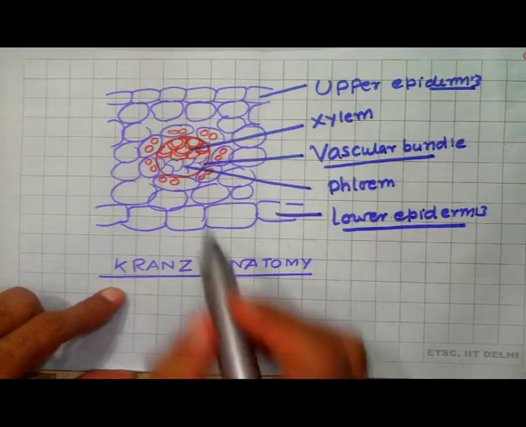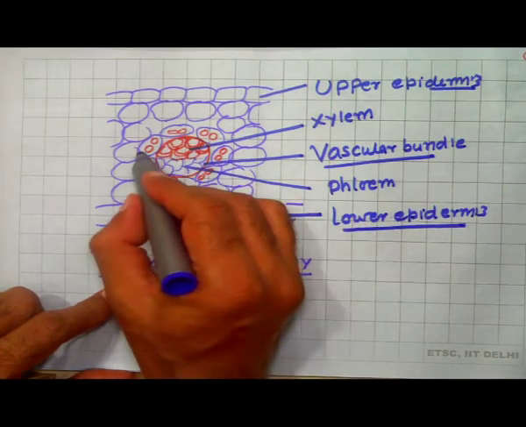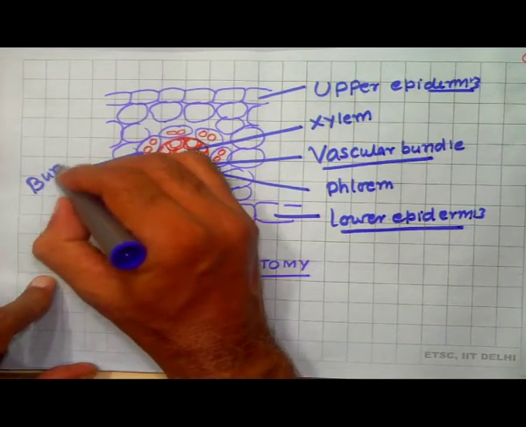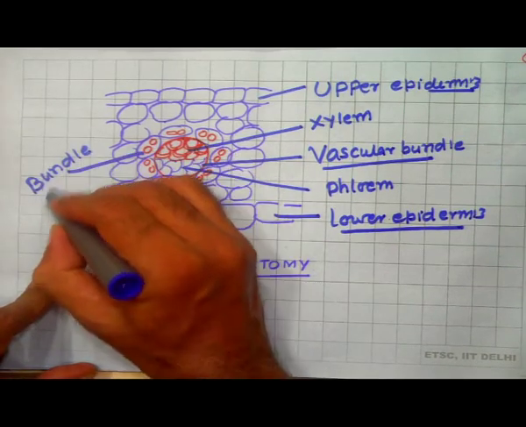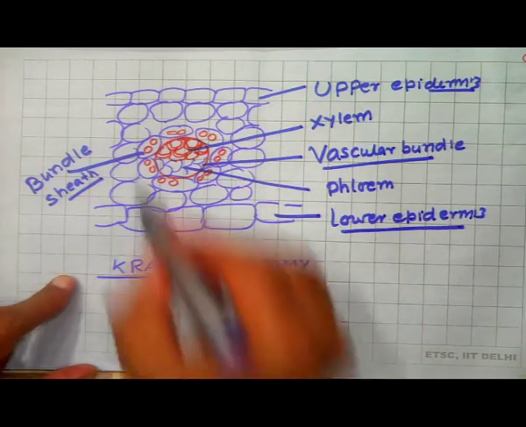Here is a specialized tissue, a specialized sheath which covers the vascular bundle, called the bundle sheath. And this one is mesophyll.